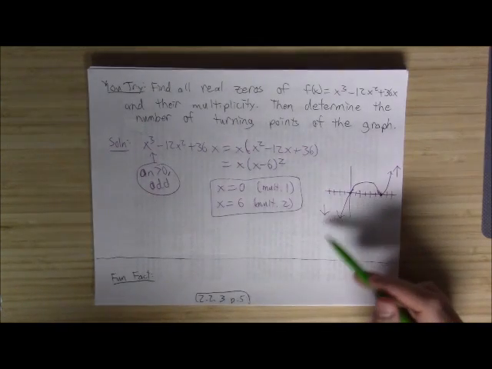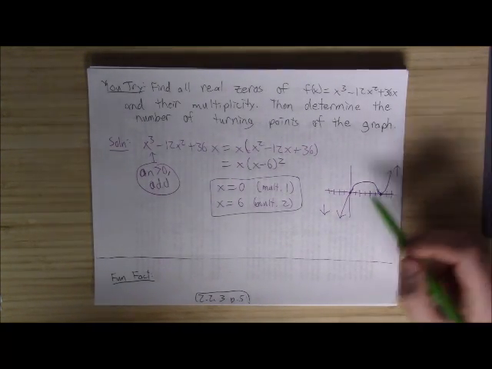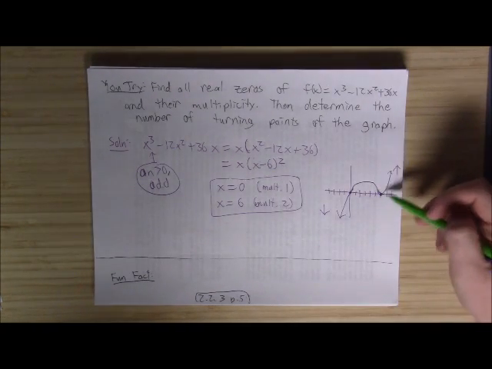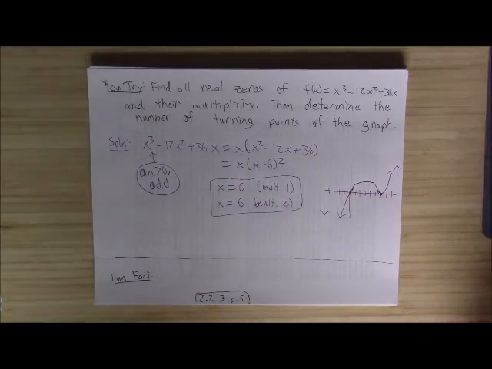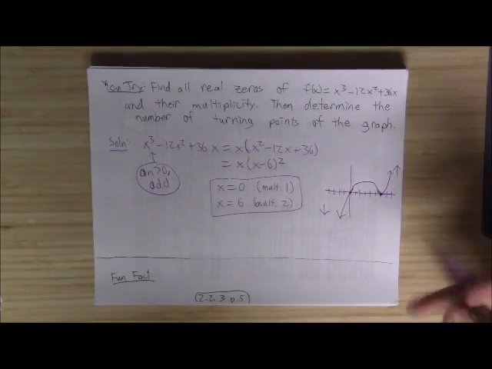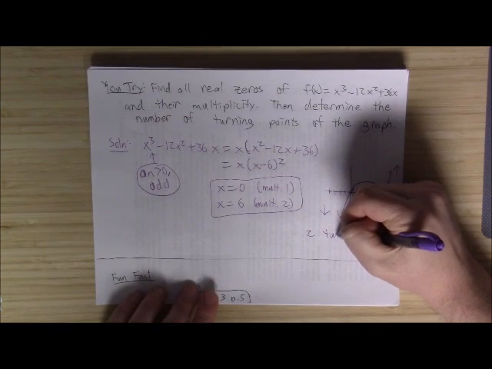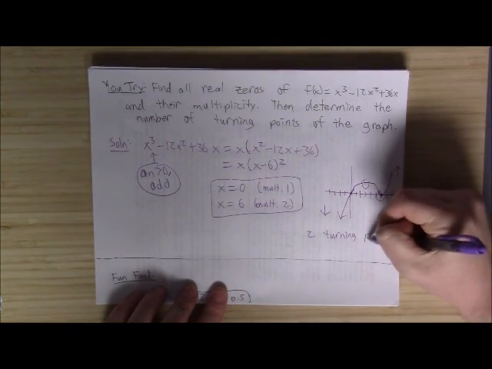The end behavior says it needs to start off down here and go up and then end up here. Because multiplicity 1 will go through the graph, multiplicity 2 will bounce off the graph, just touching it. And so it should look roughly like this, okay? What that means is that we would have 2 turning points, here and there.